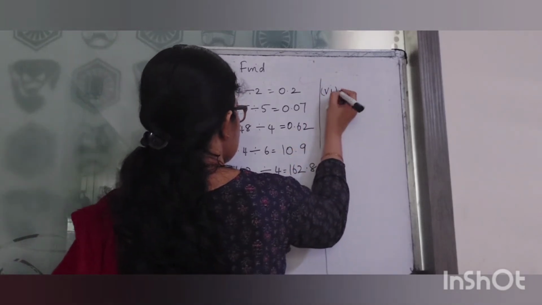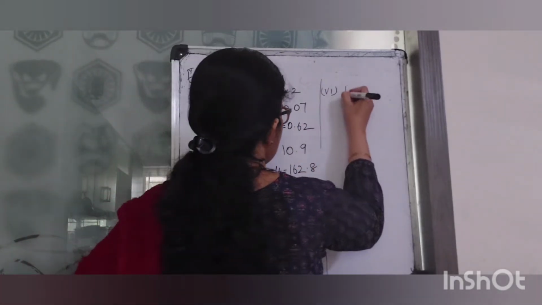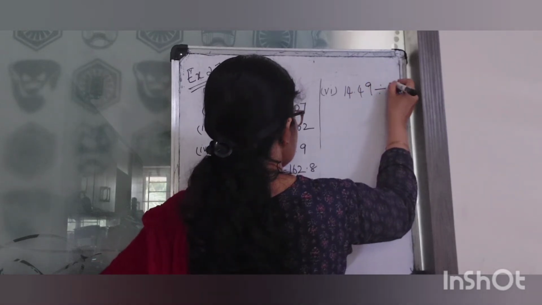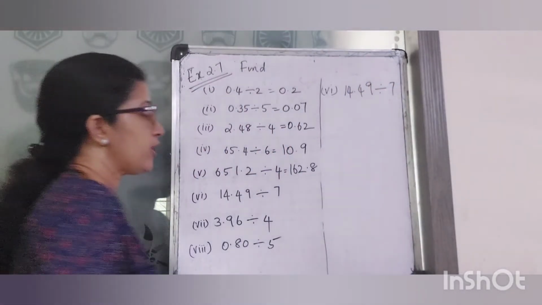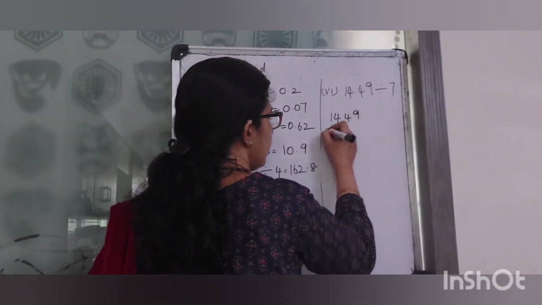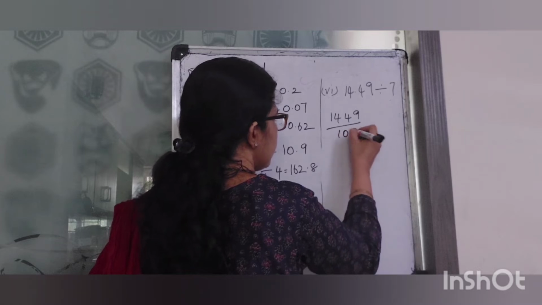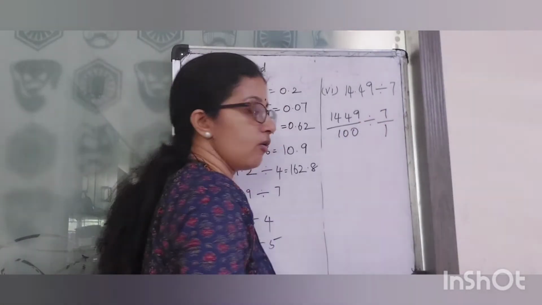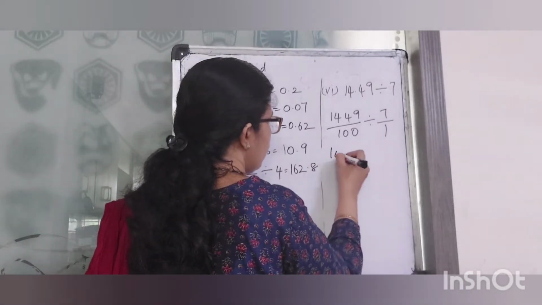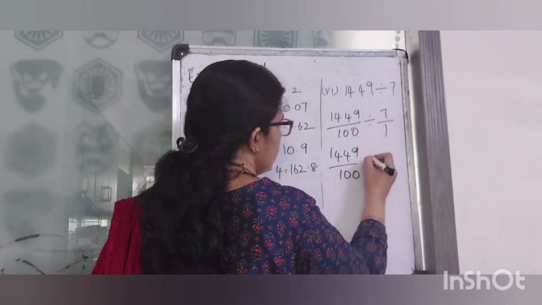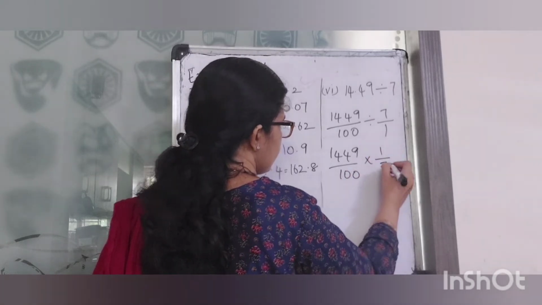The sixth problem is 14.49 divided by 7. Now how can you write this? 1449 divided by 100, divided by 7 by 1. This can be written as 1449 divided by 100 into 1 by 7.